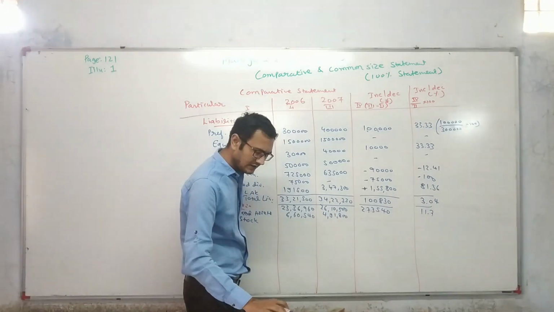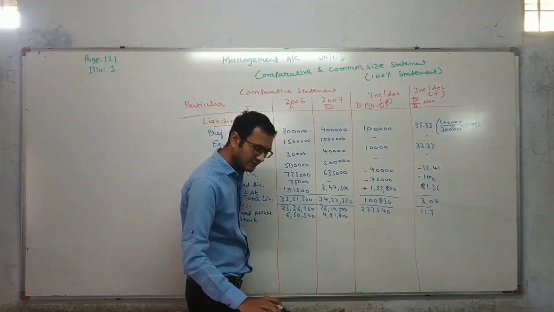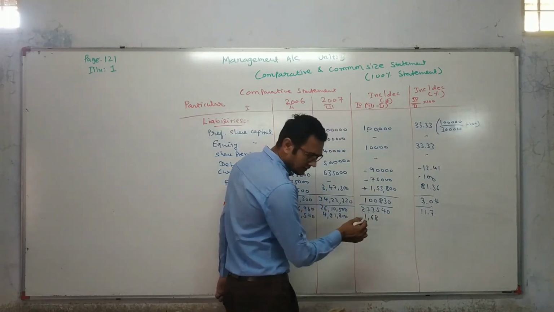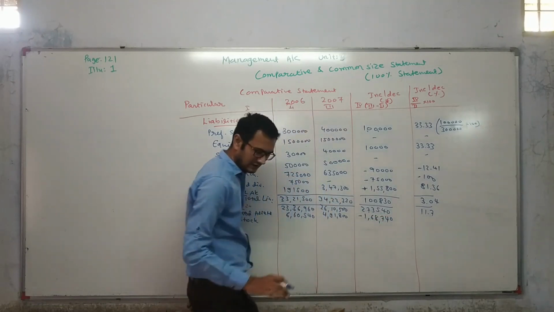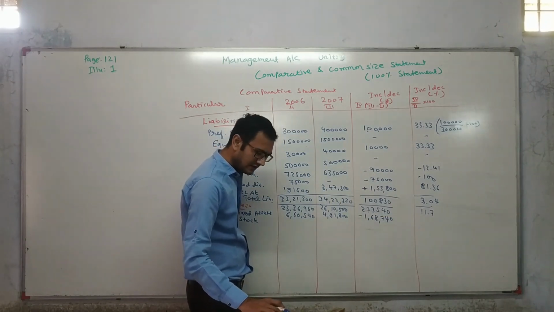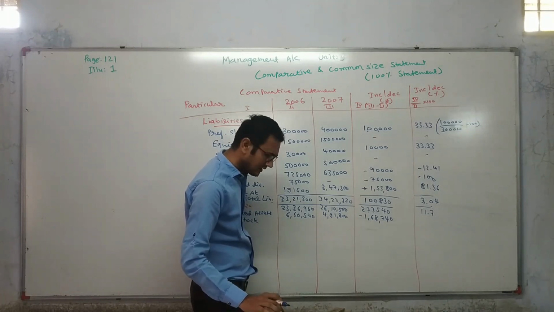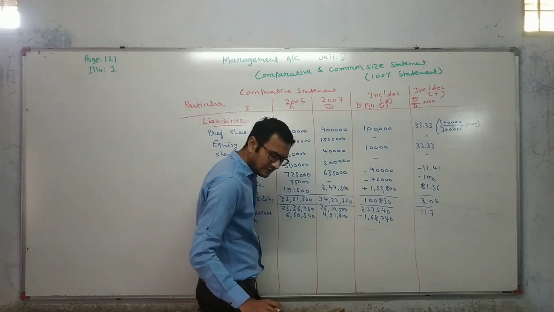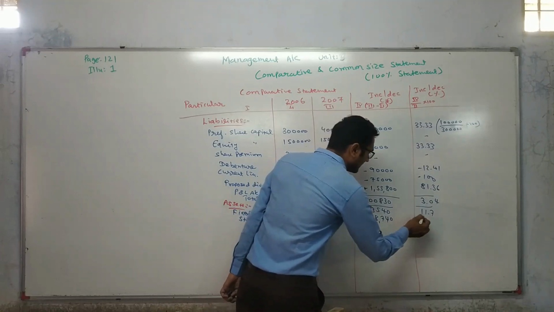So the difference is minus 1,68,740 rupees, a negative value. Divided by 6,60,540 rupees. So you will get 25.55%.